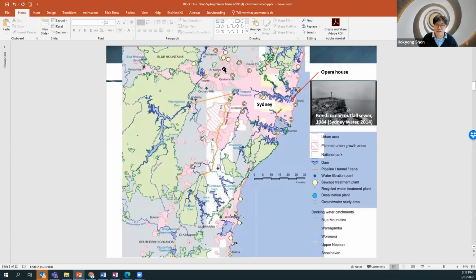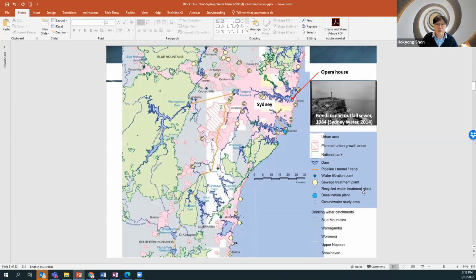So you can see all the Sydney area. You have some sewage treatment plants in yellow color. You have these sewage water treatment plants near the coastline, and some inland wastewater plants. And you can see how this generates your recycling plant, the recycled water use plant.